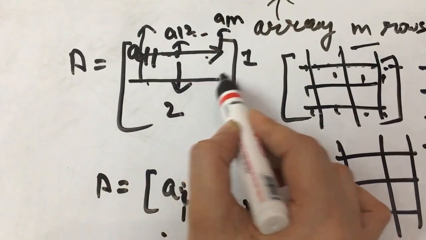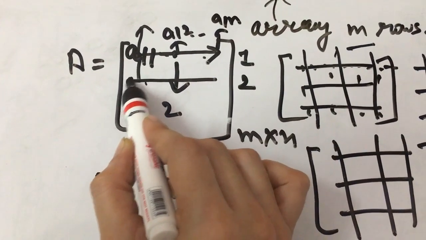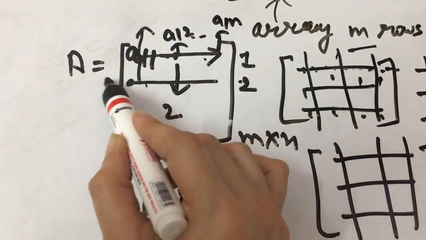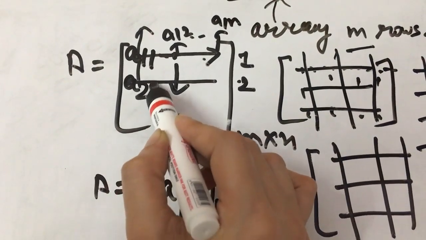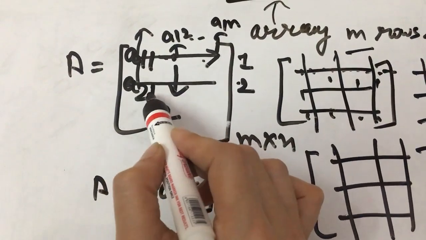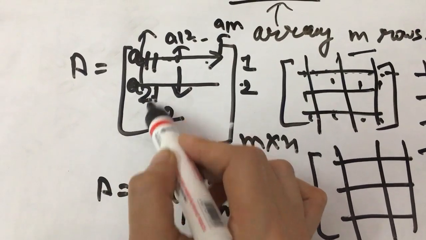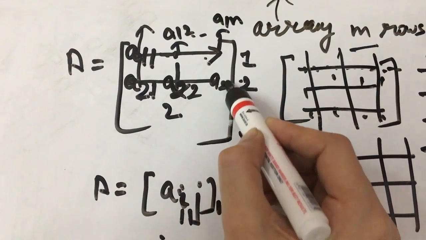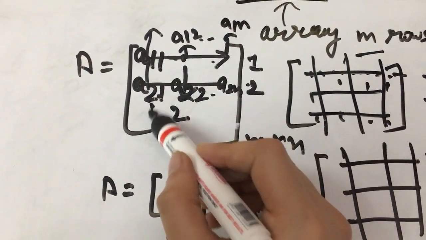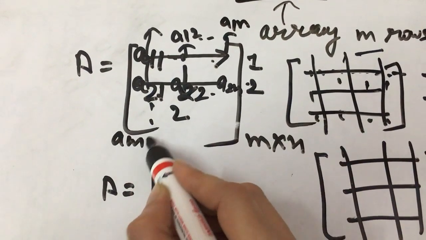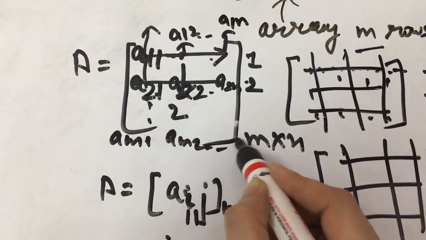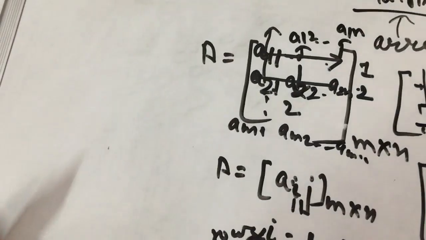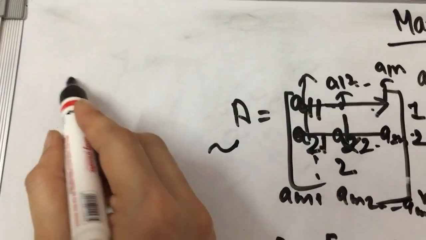Now we proceed to the second row. This element will be a21 because it is the first element of the second row and first column. Then this element will be a22, and the last element will be a2n, and similarly am1, am2, up to amn.